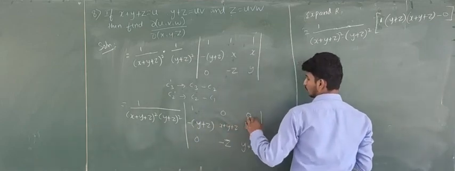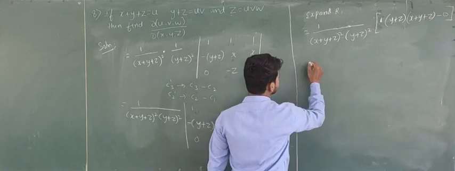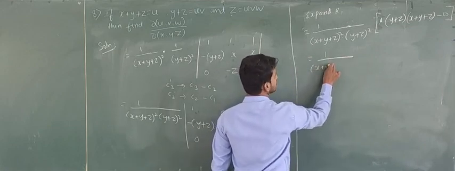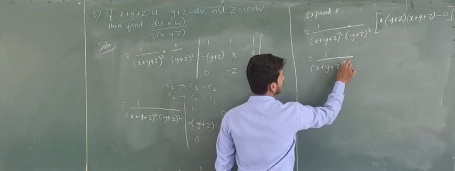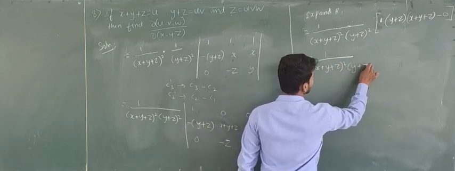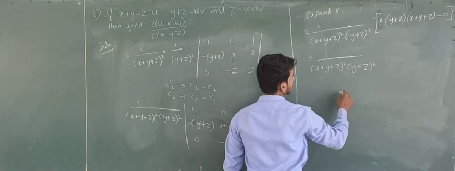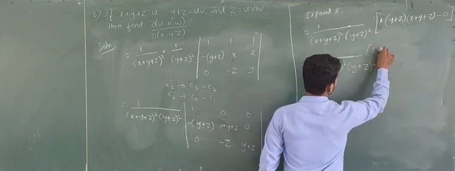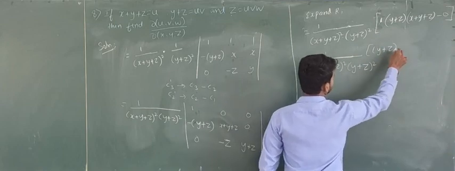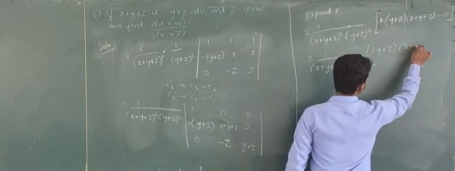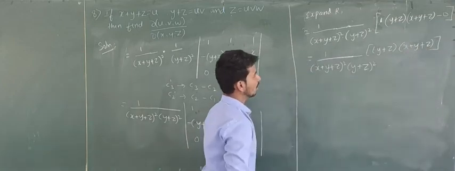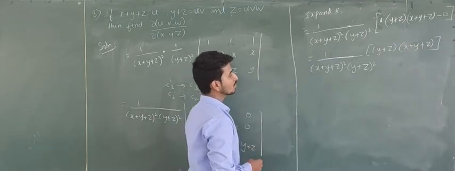The remaining terms are 0. Here the remaining terms are (y plus z) into (x plus y plus z).